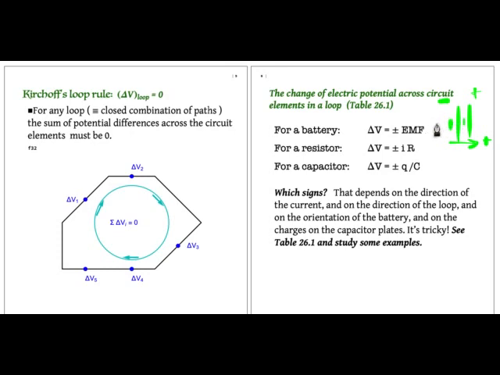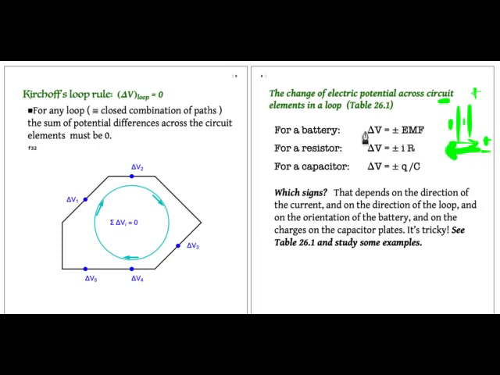So it's the output voltage minus the input voltage. Well, the output voltage is high, the input voltage is low, so the change is positive. On the other hand, if I'm going across this battery in this direction, from the high potential side to the low potential side, then the change in potential will be negative.